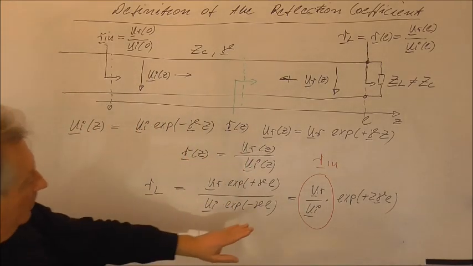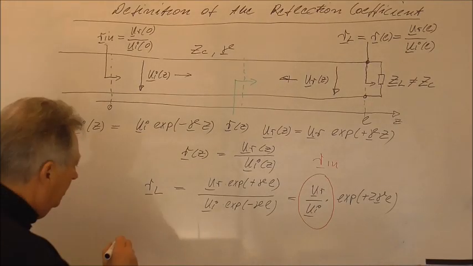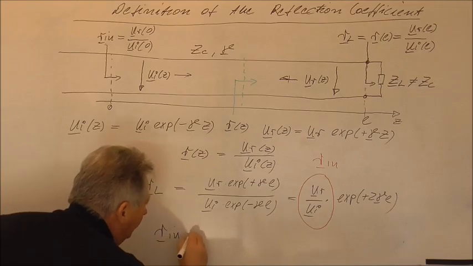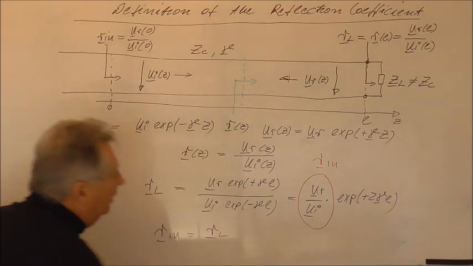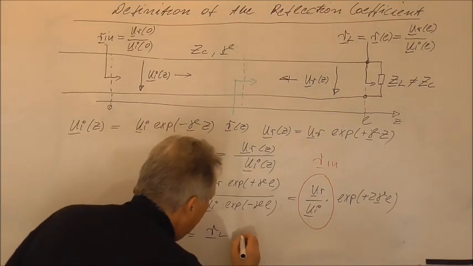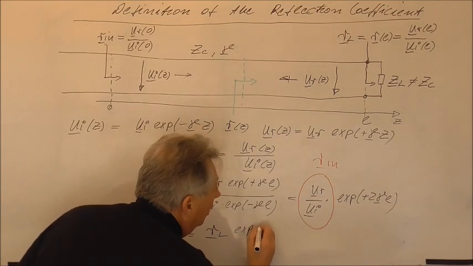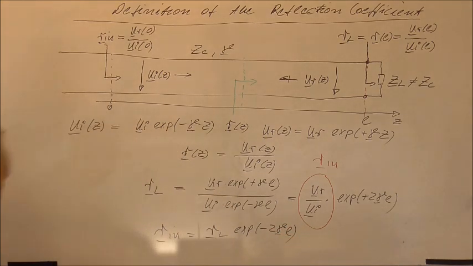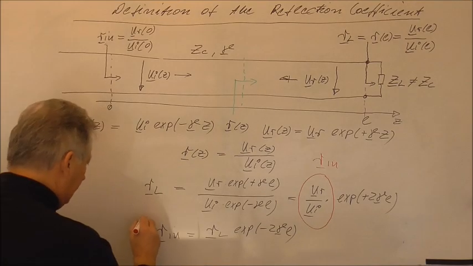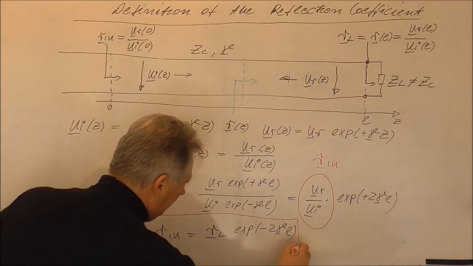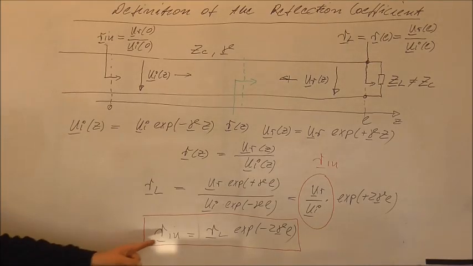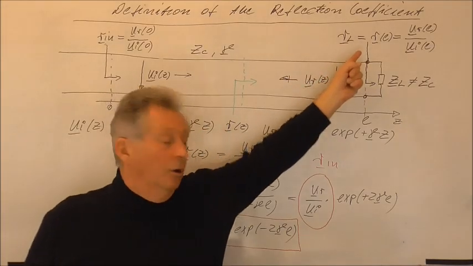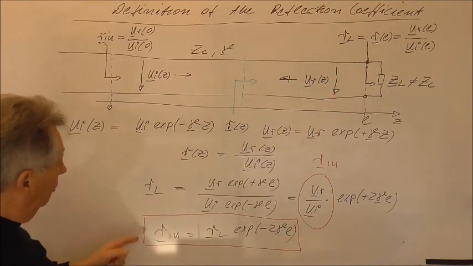Of course, we can in principle now rearrange this equation to say the input reflection coefficient will be equal to the load reflection coefficient times the exponential function of minus 2 gamma times L. So what we have here is in principle a nice equation which relates the reflection coefficient of our load to the input reflection coefficient.